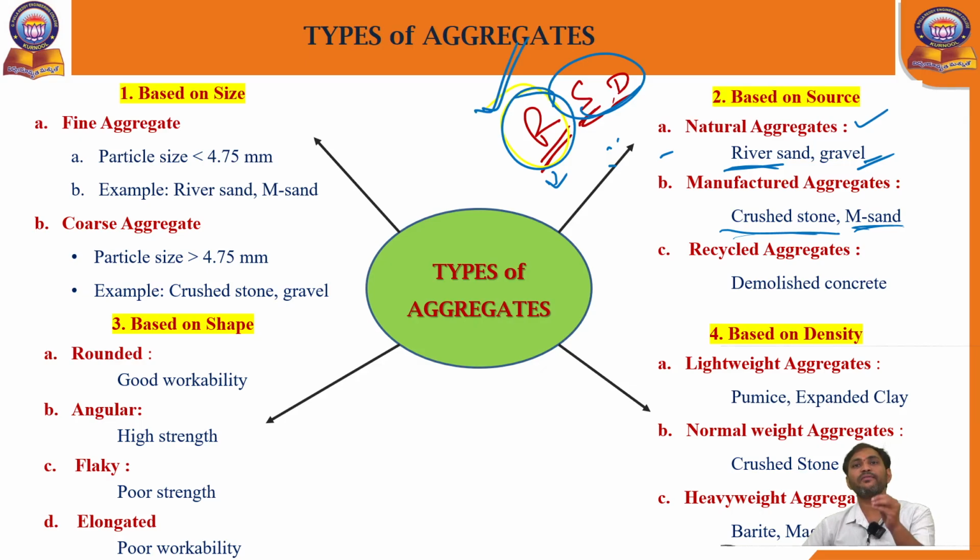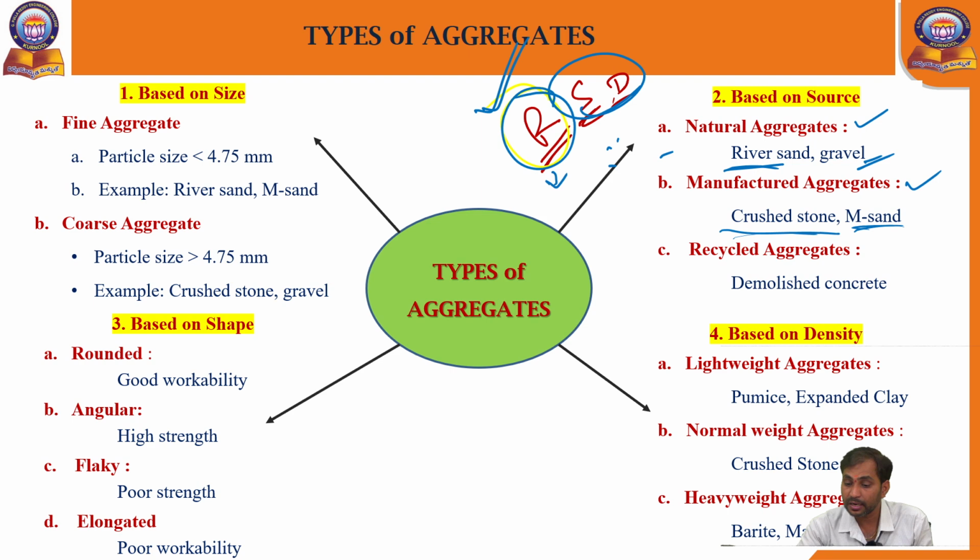Whatever size you want, if you want 40 mm, or 20 mm, 12 mm, 10 mm, or 4.75 mm, those rock materials will be crushed and converted into crushed stone materials. Those are the artificial aggregates, nothing but manufactured aggregates.